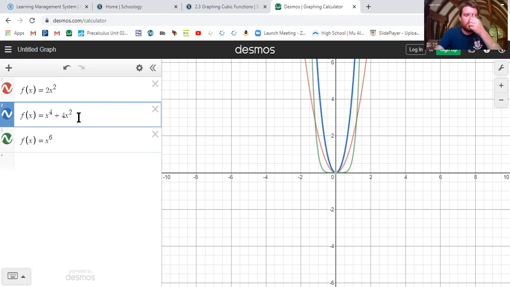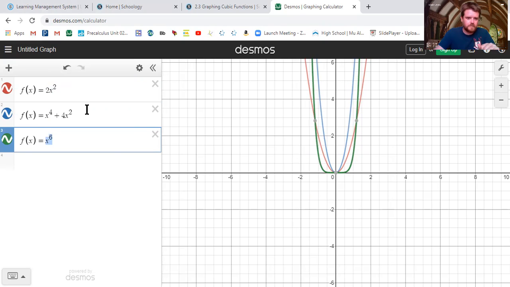But for all of these, we notice that the graph is going to be symmetric across the y-axis. So all of these functions where the highest power is x squared or x to the 4th or x to the 6th, if my leading coefficient has an exponent that is even, we call that an even function.